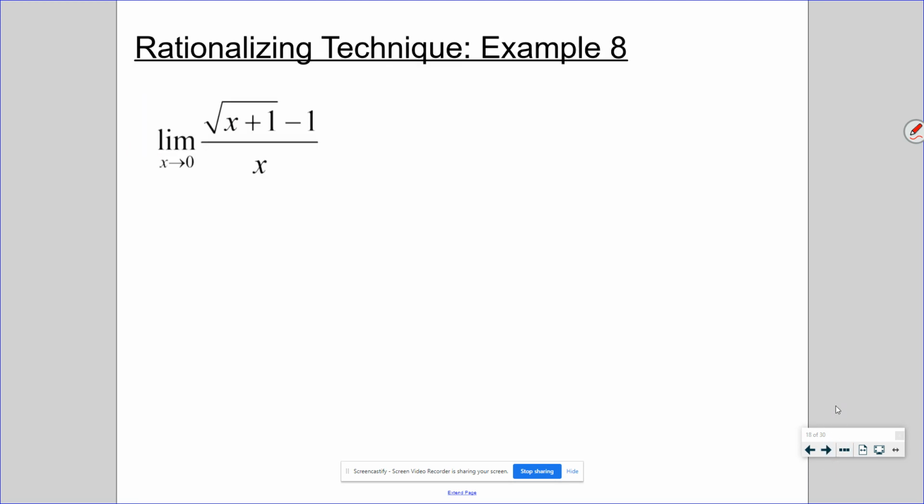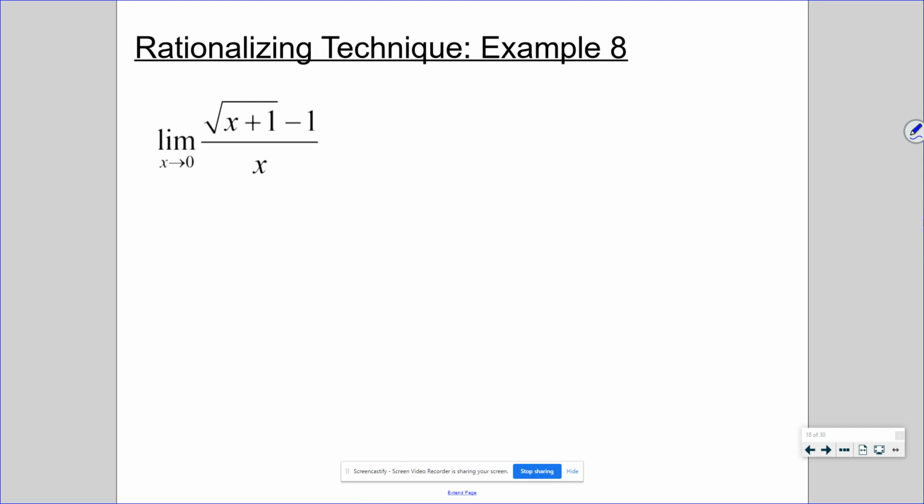This happens most of the time when you see radicals going on. So you will notice if I plug and chug, I would get something like this. And already I can't compute it because I have a 0 in the denominator. Obviously I can't factor anything from this because there's nothing to factor. So we're going to use conjugate multiplication.